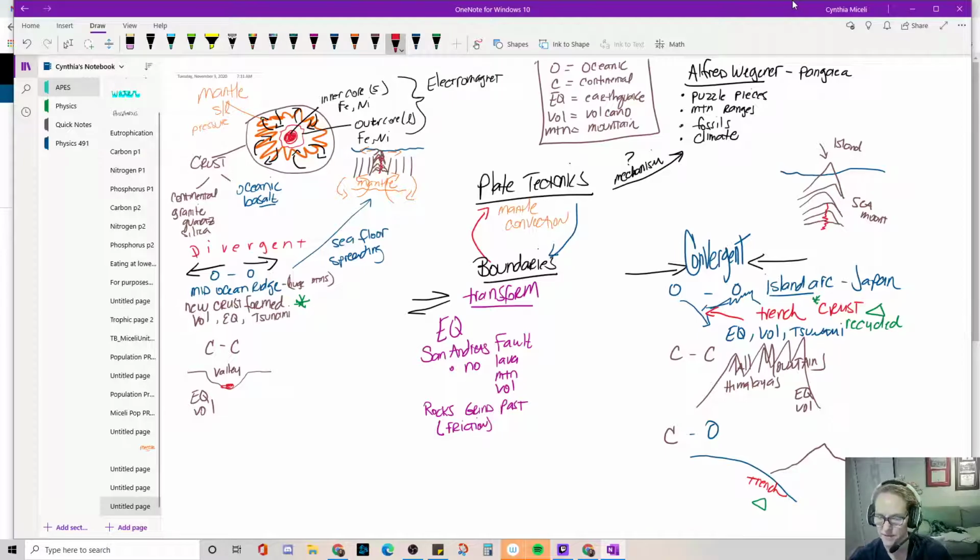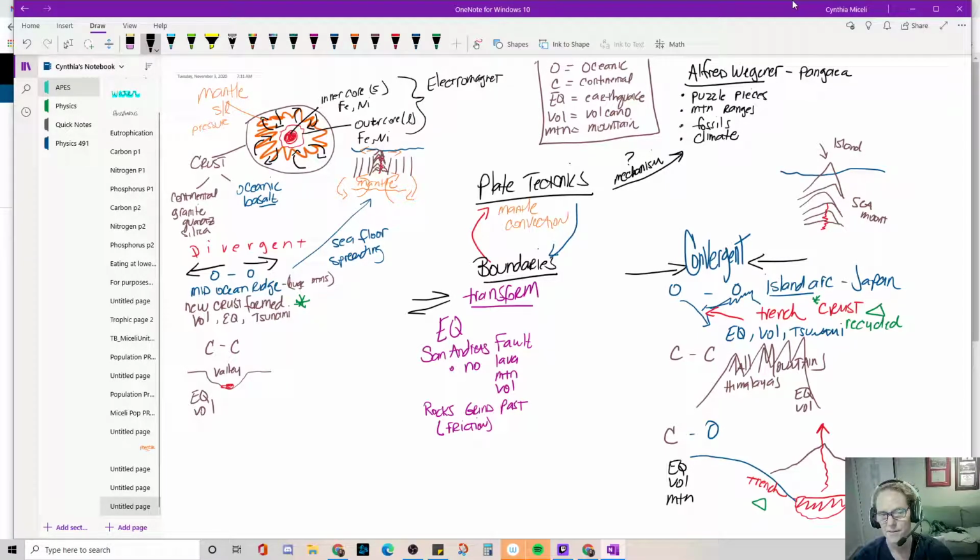And then what happens is as this ocean plate goes down, it starts to melt into liquid rock, lava, well, magma because it's inside, and it starts to push up and cool, and so we get these mountains. So we're going to get earthquakes, volcanoes, and mountains.